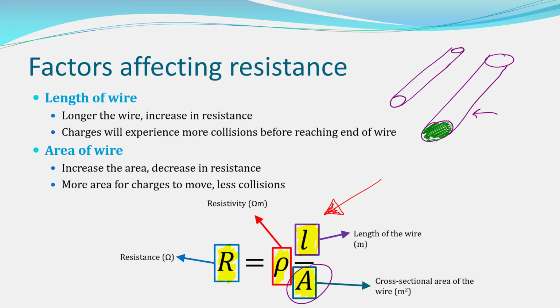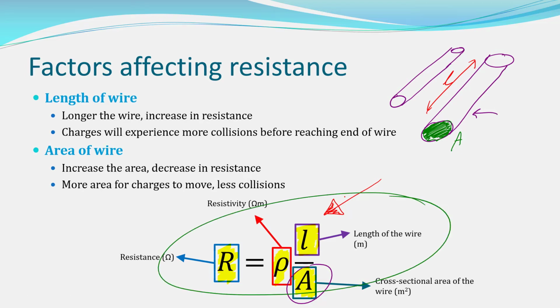So the bigger this area, the more current can flow through it, so the less resistance that wire has. And the longer this wire, which is this feature here, the more resistance you have. And that leads us to finish with this equation here.